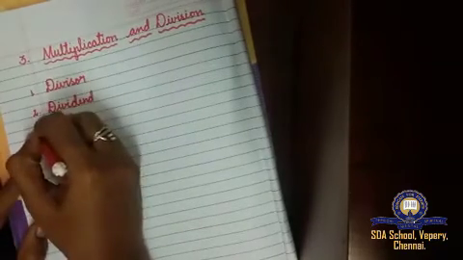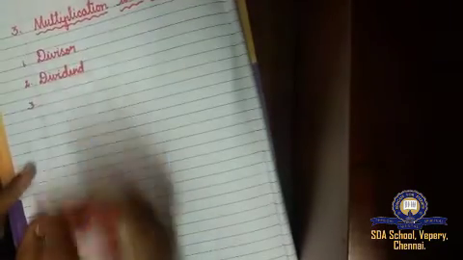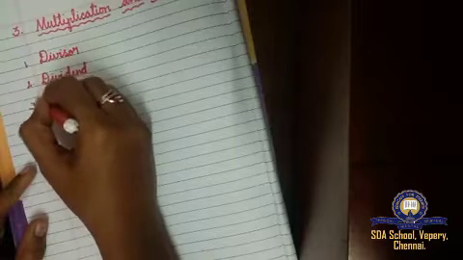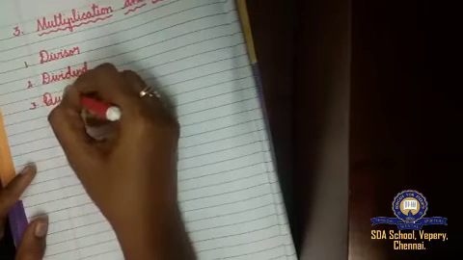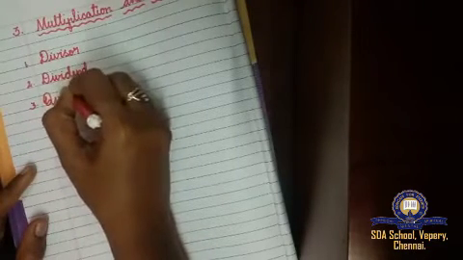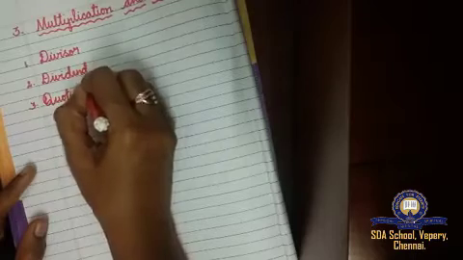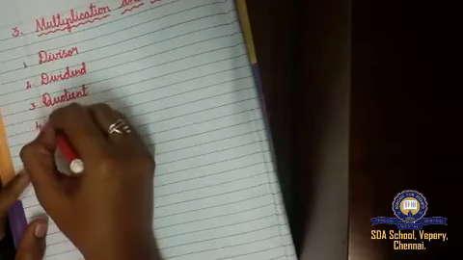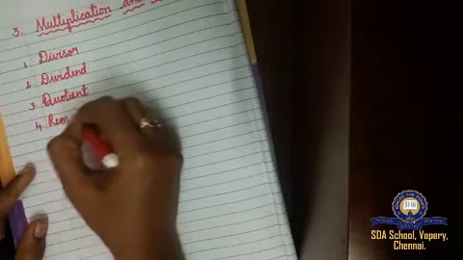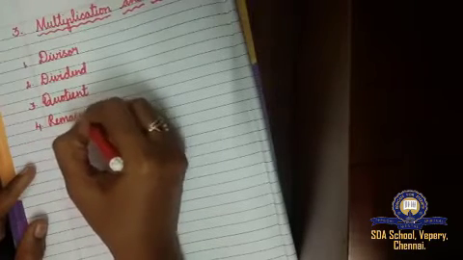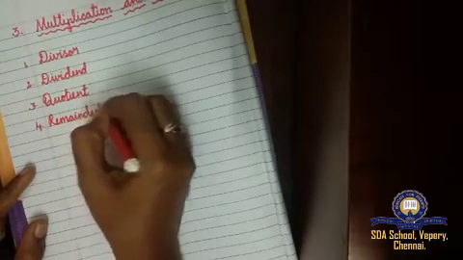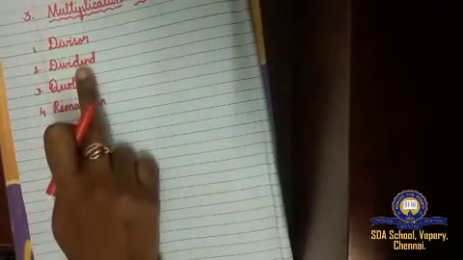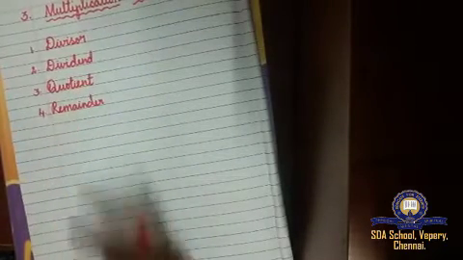The third one is quotient, Q-U-O-T-I-E-N-T. And the fourth word is remainder, R-E-M-A-I-N-D-E-R. Divisor, dividend, quotient and remainder.